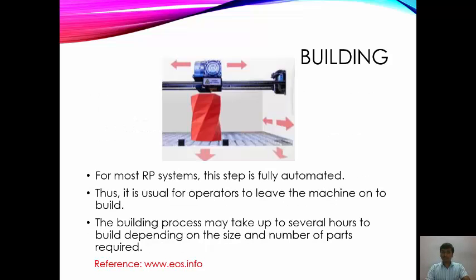For most RP systems, this step is fully automated. Thus, intervention of humans is not required in this step. The building process may take up to several hours depending on the size and number of parts required. In the shown diagram, you can see the printer tooltip can move in all the axes to draw the required layer, and it in turn builds the product step by step.